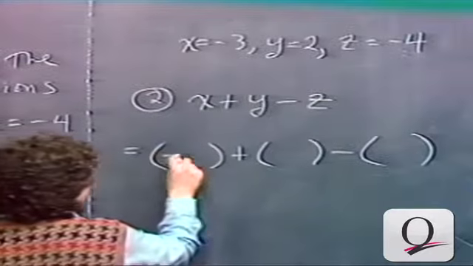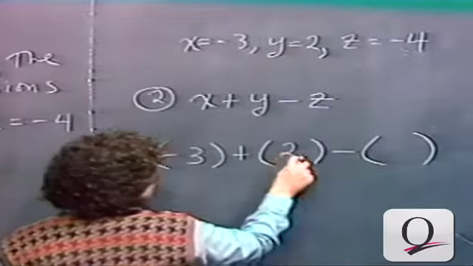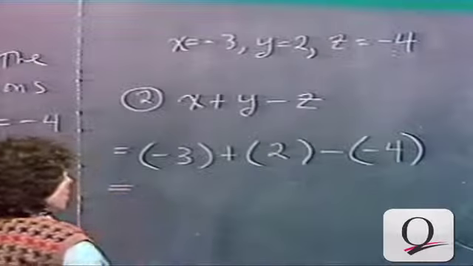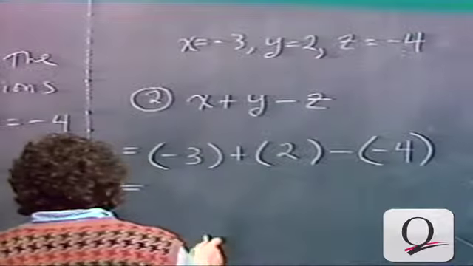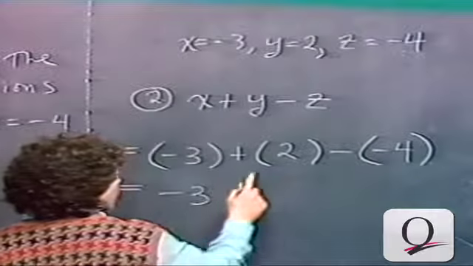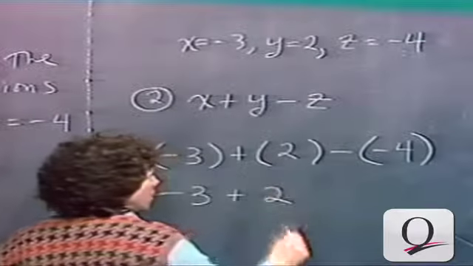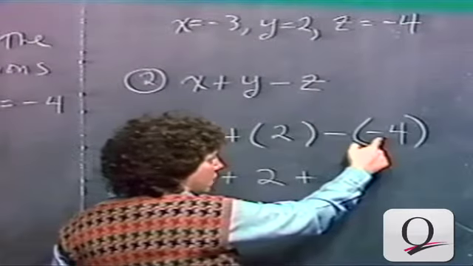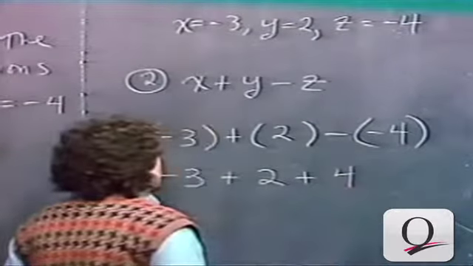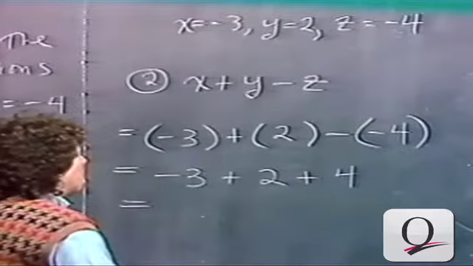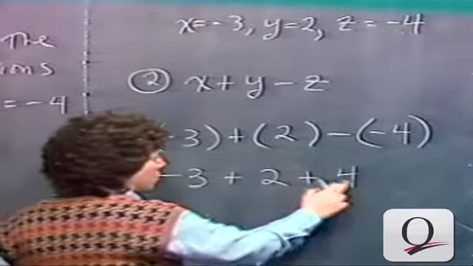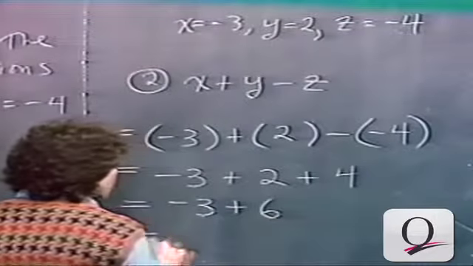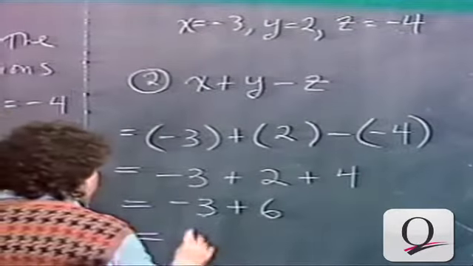For x minus 3, for y plus 2, and for z minus 4. So we have here minus 3 and a plus 2. When you subtract a minus 4, that's the same as adding the opposite of minus 4, which is plus 4. Minus 3 plus 2 plus 4, or minus 3 plus 6, for an answer of plus 3.